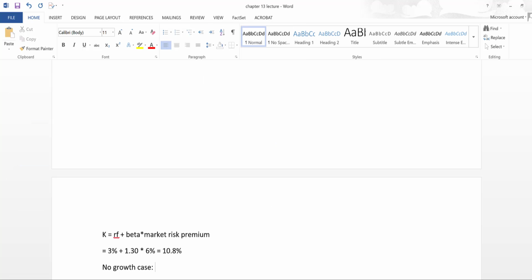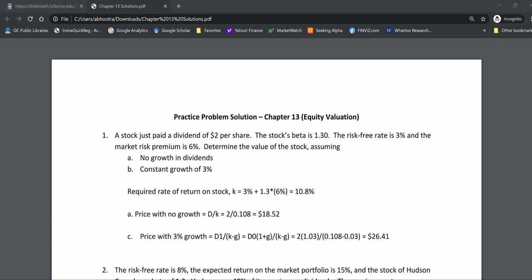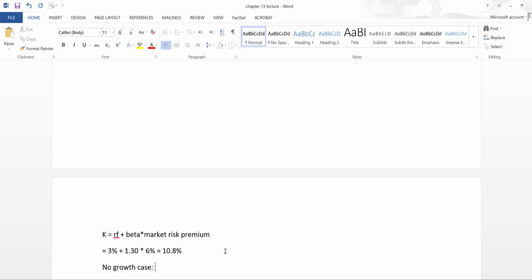For our question here, the dividend amount is $2 per share, and we just computed the K as 10.8%. So under the no growth case, value is 2 divided by 10.8%, or 0.108, and that would be 18.52.